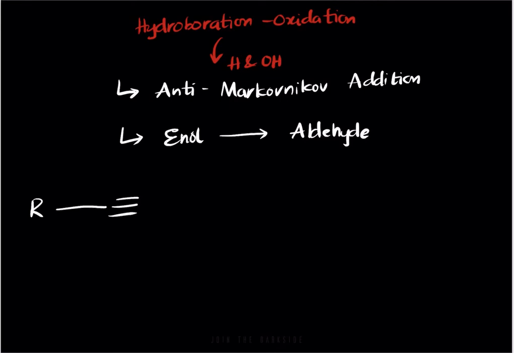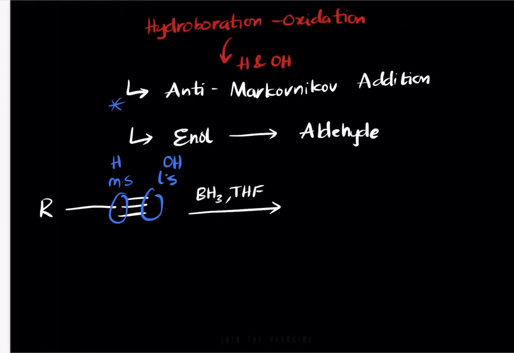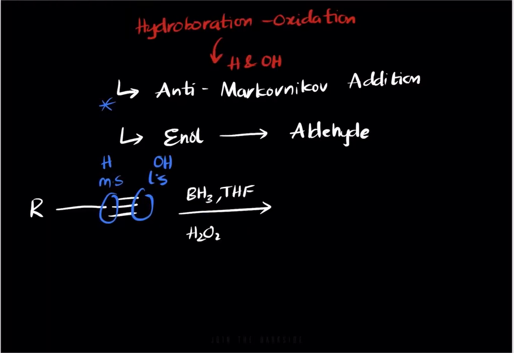You have two carbons again, one is a more substituted carbon, the other is a less substituted carbon. Because it's anti-Markovnikov, you end up with OH on the less substituted one. The reagents you need here are BH3 and THF, and you need a base, so you get hydrogen peroxide and NaOH.